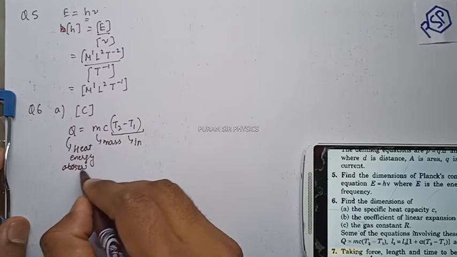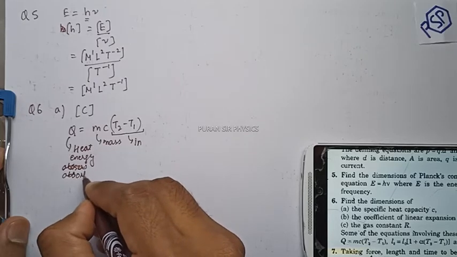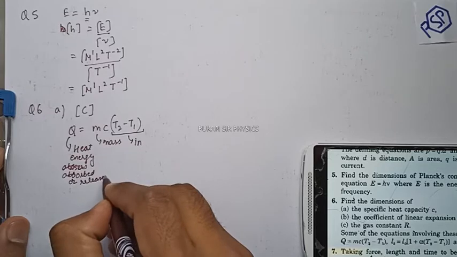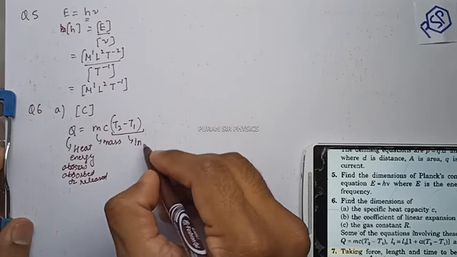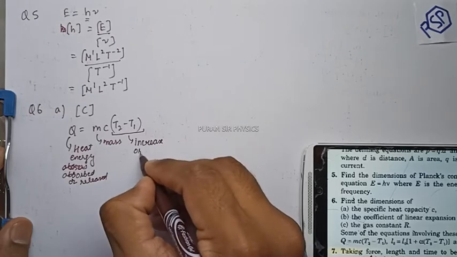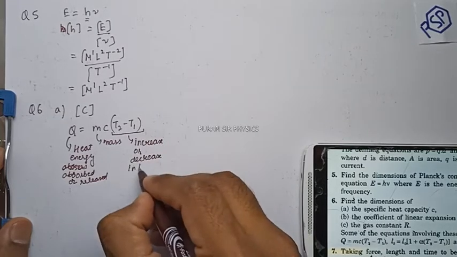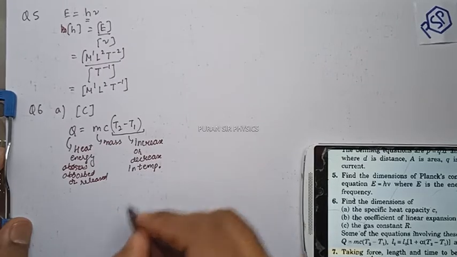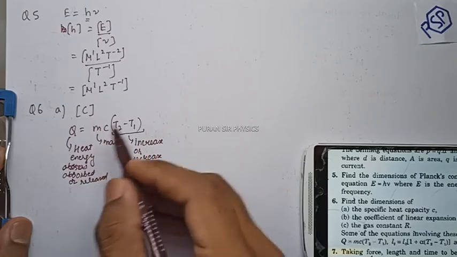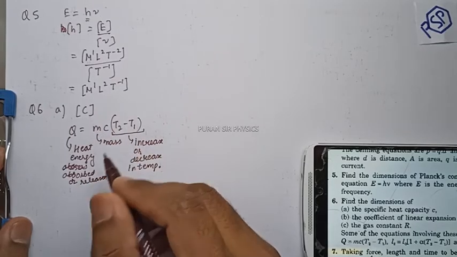Absorbed energy, absorbed or released, and this is increase or decrease in temperature. So we can say it has a dimension of energy, m has the dimension of mass, this quantity in the bracket has the dimension of temperature.